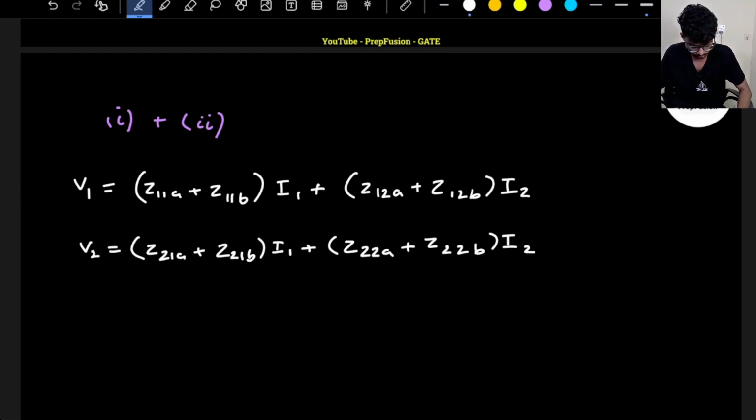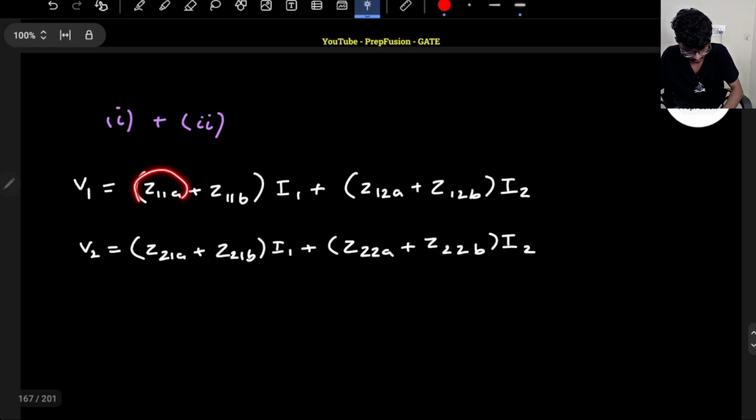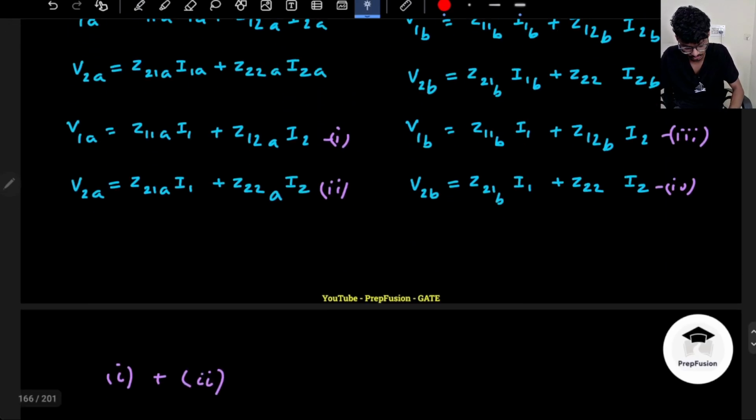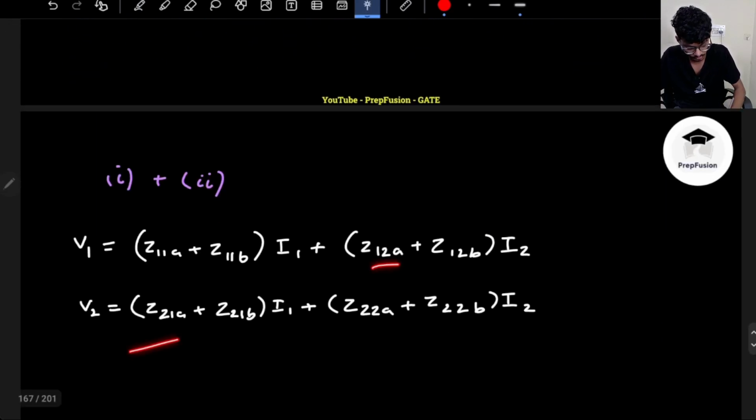Now, individually my ZA matrix was Z11A, Z12A, Z21A, Z22A, and so they are simply getting added.